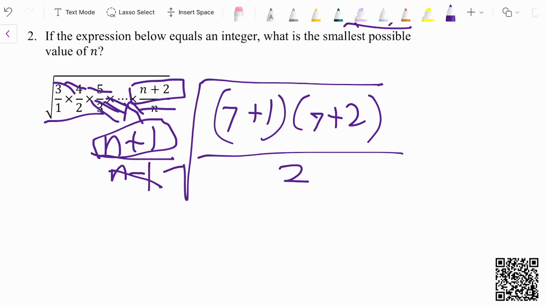So 8 divided by 2, which is 4. 4 times 9 is 36. You can pull out the square root of 36 and you will get a 6. So that is an integer. That means that 7 is the smallest possible value of n. Big, bad 7.